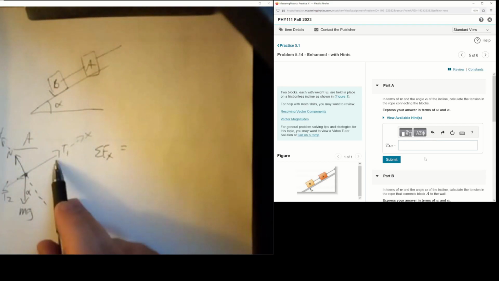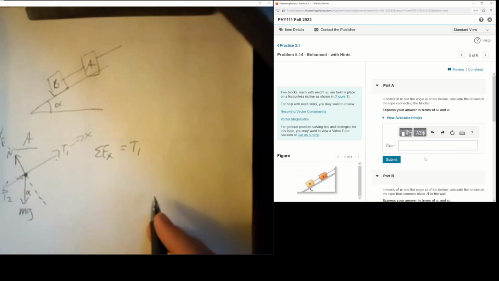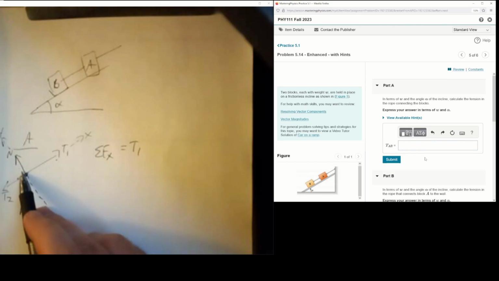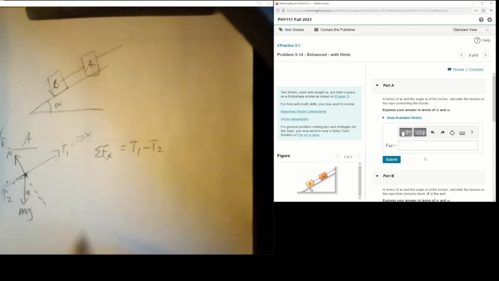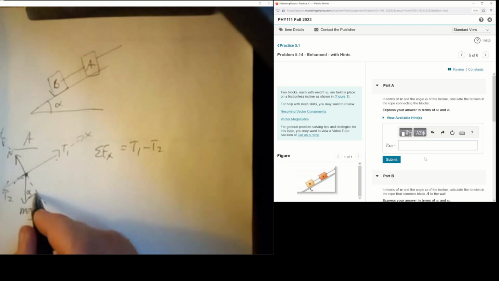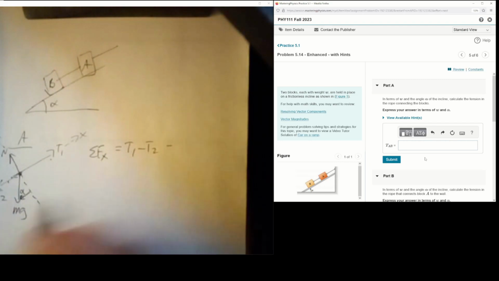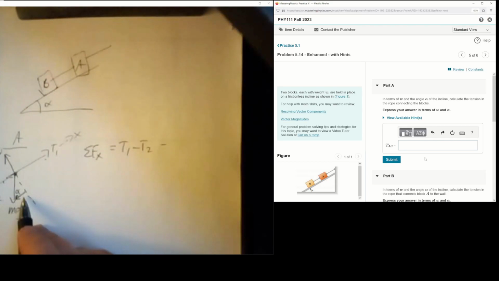So x, we got this T1, all positive and in the x direction. Normal force, all in the y. T2 in a negative x direction. And this weight component is also in the negative x direction. That component is the opposite leg. What's going to get us opposite there is sine.